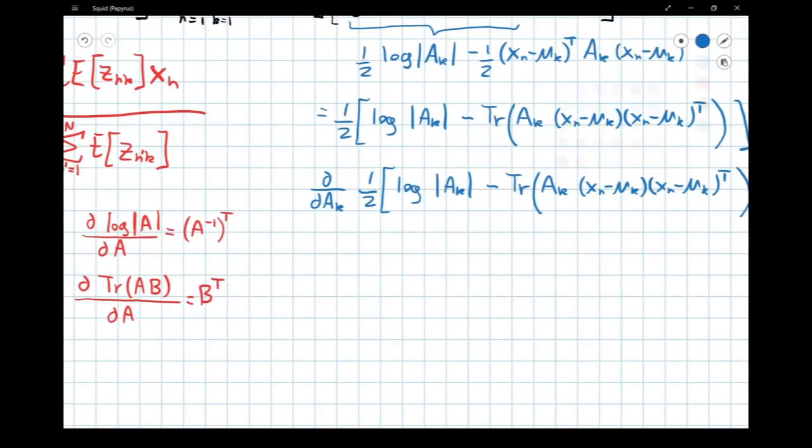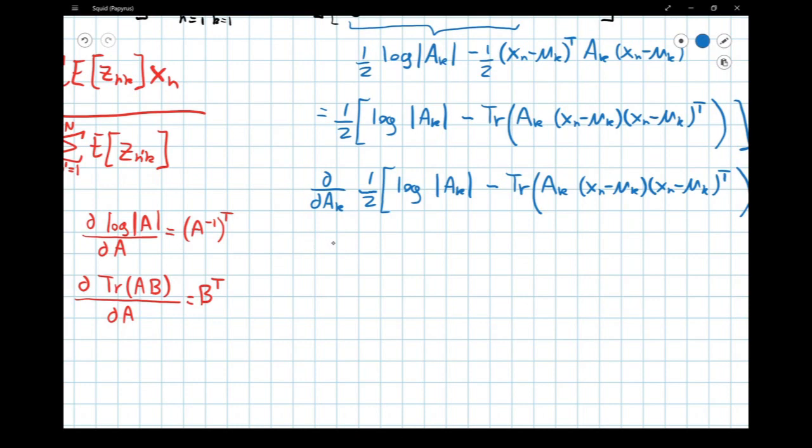So you can see we're going to take the derivative of log determinant of the kth precision matrix. So we're going to end up with the inverse of A, which in this case is our covariance matrix, and it's transposed, but the covariance matrix and its inverse are symmetrical. So transpose is the same as the original matrix.